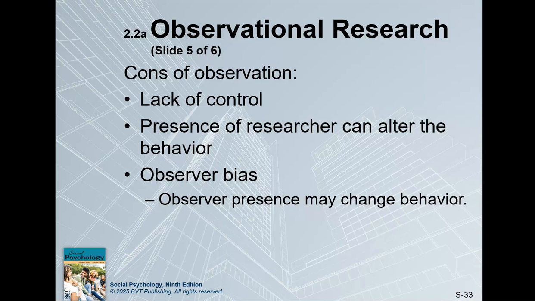The second item says the presence of the researcher might alter the behavior of the people. If they know they're being watched, they might change their behavior. And the observer might be biased by what they're trying to achieve in this research.